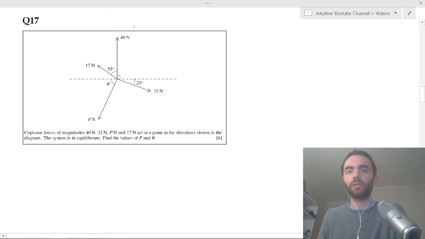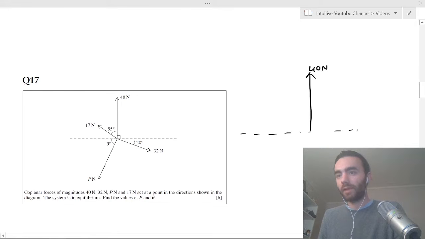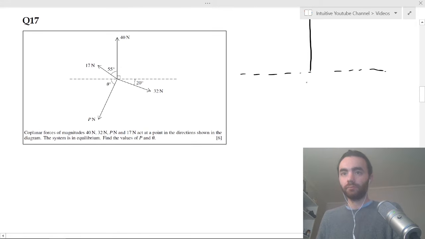Okay, so again, we've got this diagram, which I'm going to immediately redraw. Got 40 newtons. Got our x-axis. And then we've got this 32 newtons with the 20 degrees.